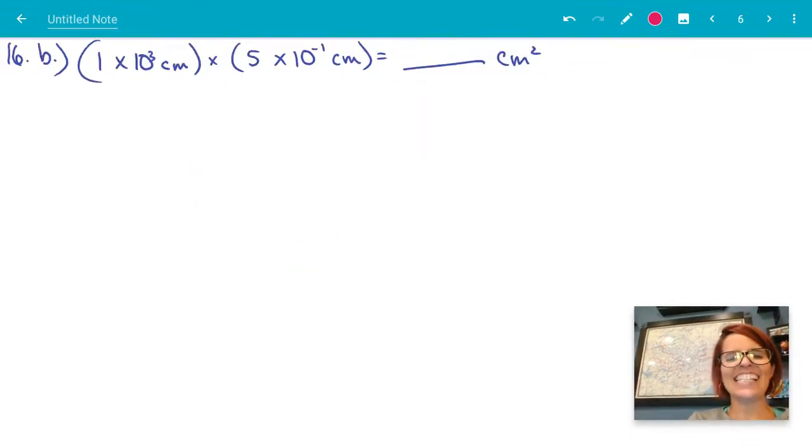All right, next, everything just multiplies together. So 1 times 5 is 5. 5 times 10 to the 3rd is 1,000 times 10 to the -1 is 0.1, but I typed it in wrong, which was dumb.